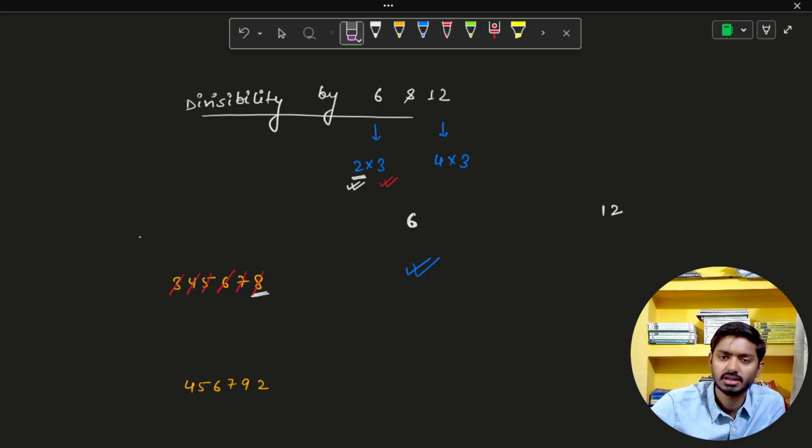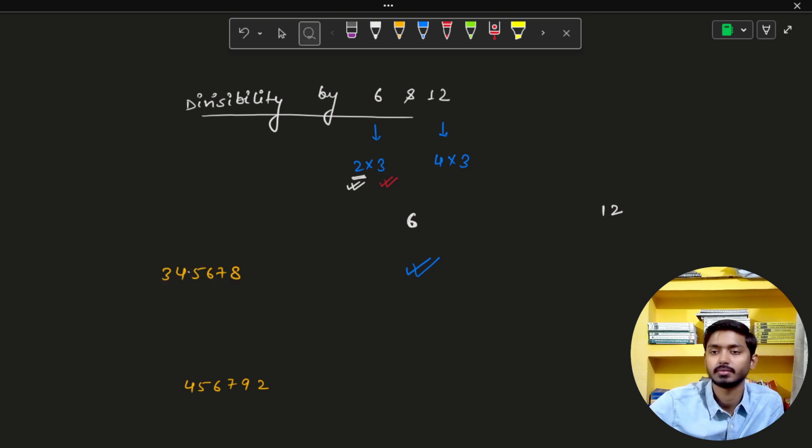Let's try that again. 5, 6, 7, 8. All right, let's try this for 12.